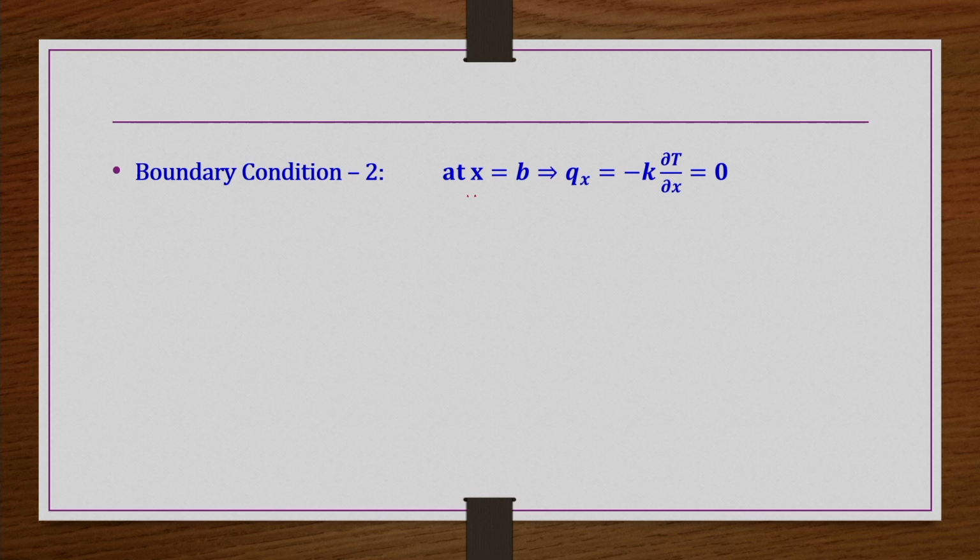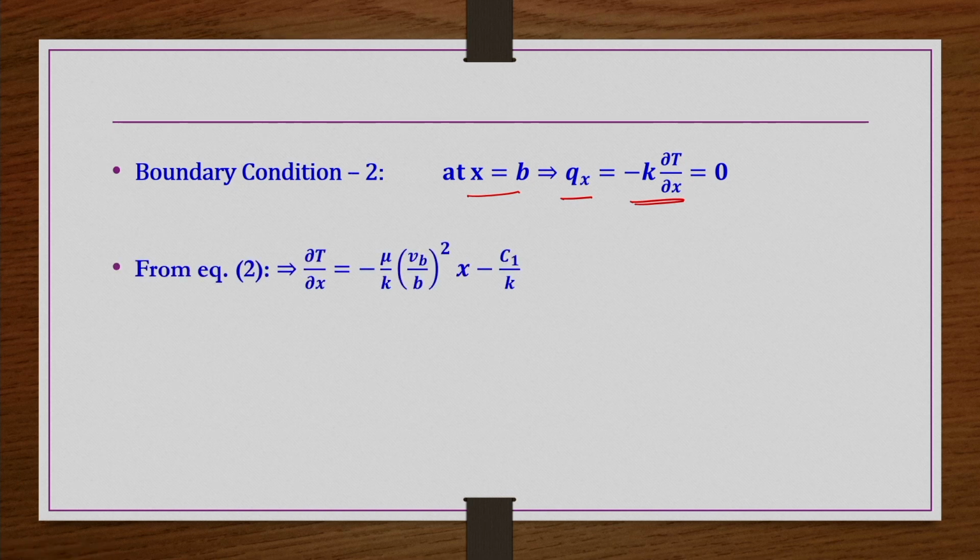Another boundary condition at x equal to b, Qx is equal to 0, Qx is nothing but minus k dou T by dou x. So, that means dou T by dou x is equal to 0, and then from equation number 2 we had dou T by dou x is equal to minus mu by k Vb by b whole square x minus C1 by k.